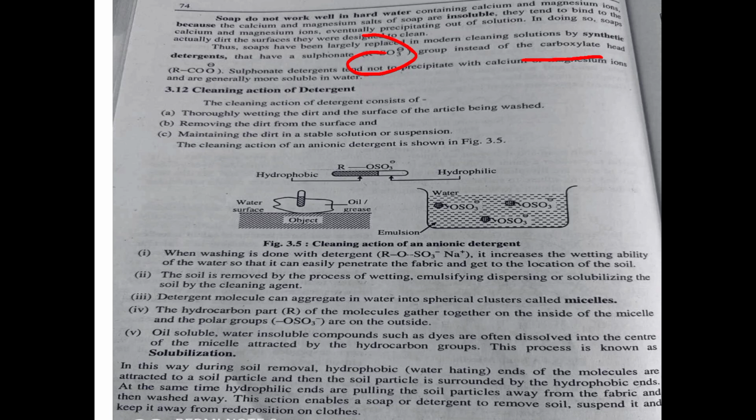We can also replace the carboxylate head with the sulfonate head, RSO3 minus, which is more soluble in water. Today we discussed the raw materials used for detergent, then the washing action of soap. Thank you very much.